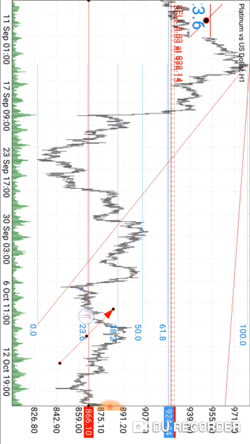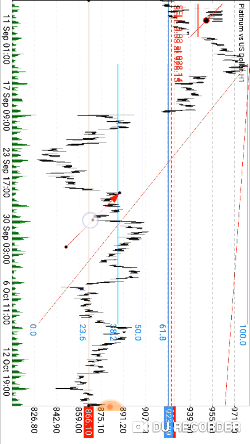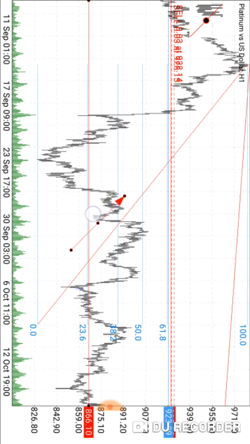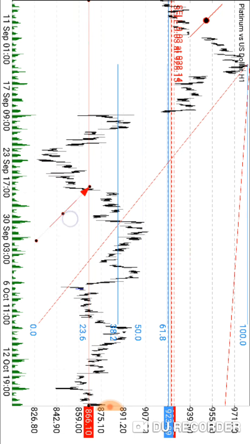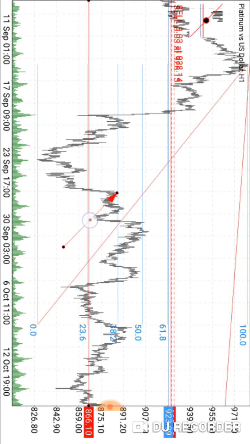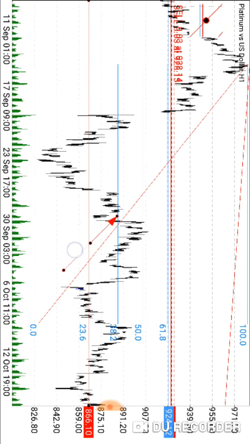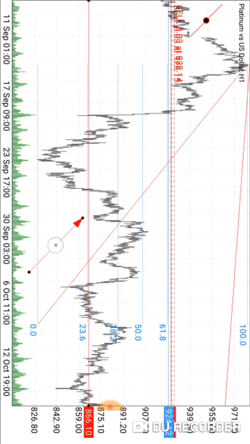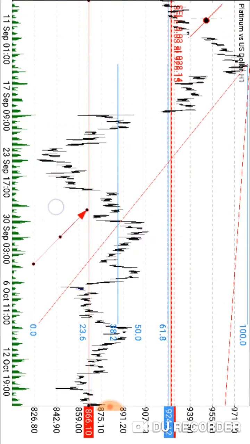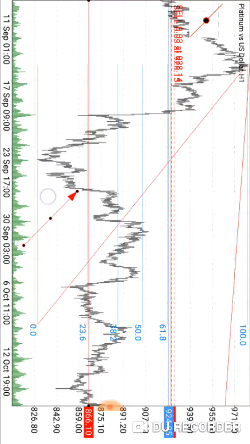And when it got to level 38.2, what happened here? Since this is our zero, we are taking opportunity from here. When it got to level 38.2, it reacted to it again and came back to the previous support, showing us that the price action in this area is one of the basic things you need to know.